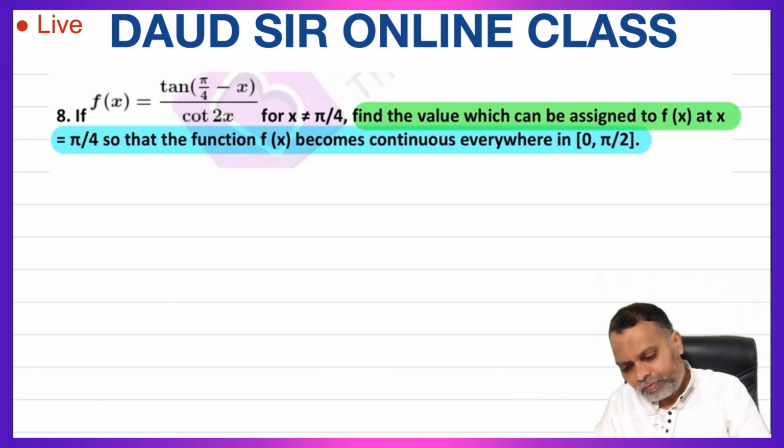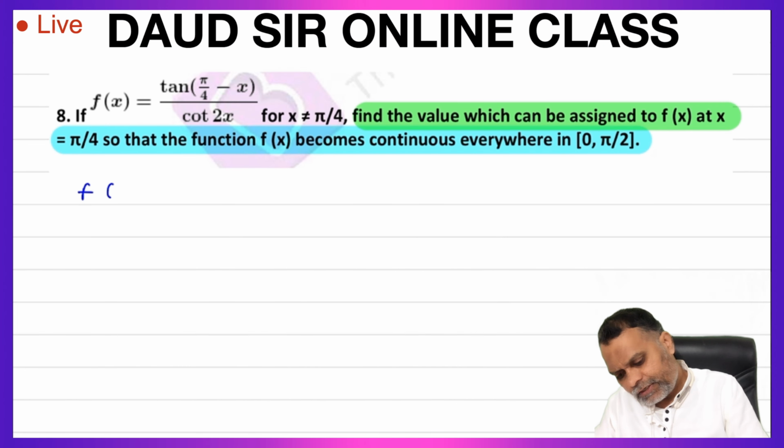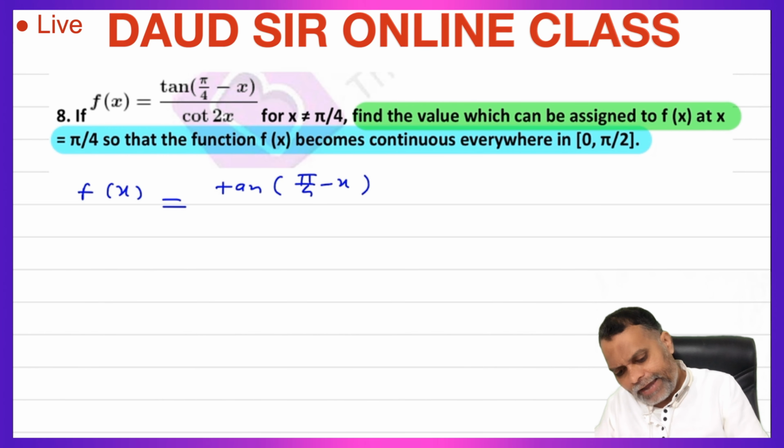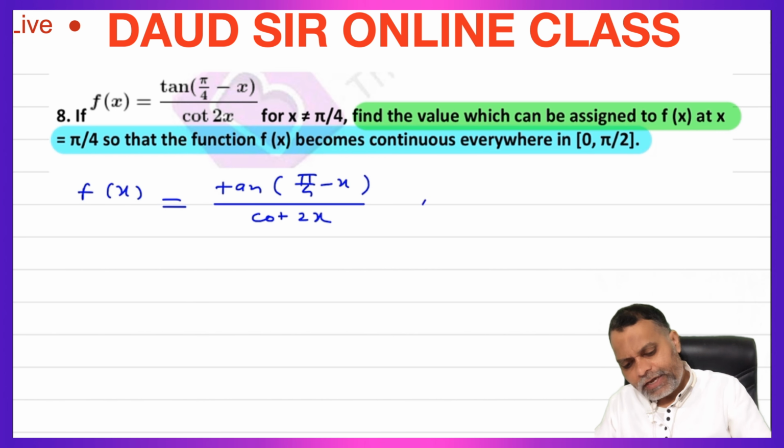So f of x, the function is given here. f of x is equal to tan of pi by 4 minus x upon cot 2x, where x is not equal to pi by 4.